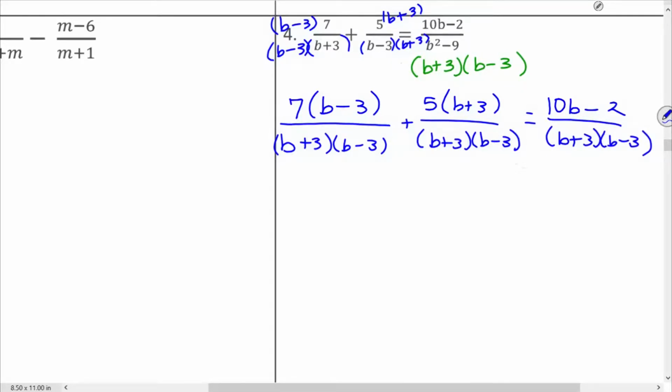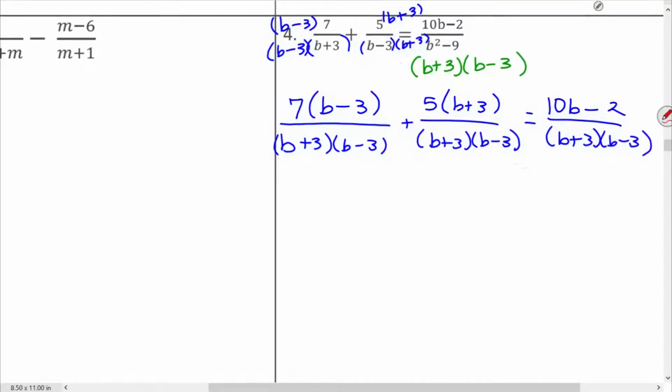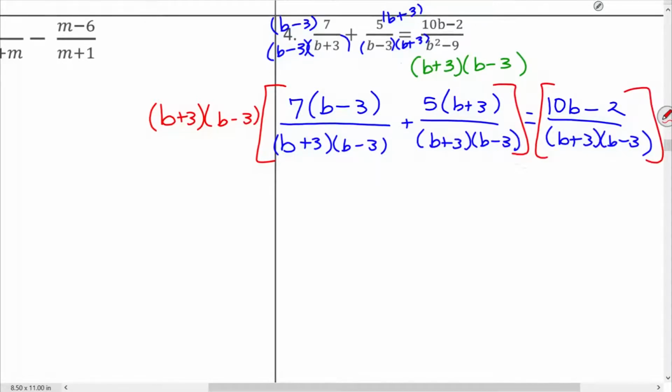So now I can multiply both sides by this common denominator. Multiply by b plus 3, b minus 3 to this whole term, and this whole side times b plus 3, b minus 3.